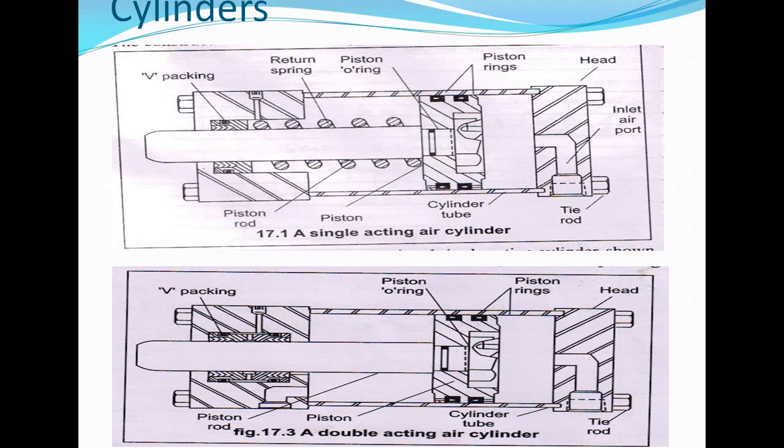You can see here, this is the cylinder, this is the piston, this is the connecting rod, then this is the head which is fixed to the cylinder tube by using bolts here, and there is only one port provided here. From this port pressurized air will be supplied.